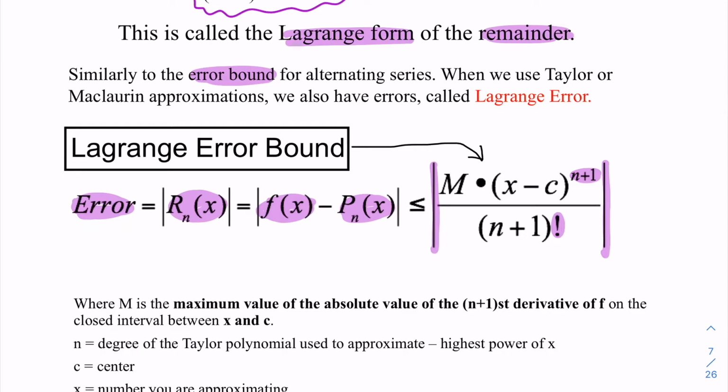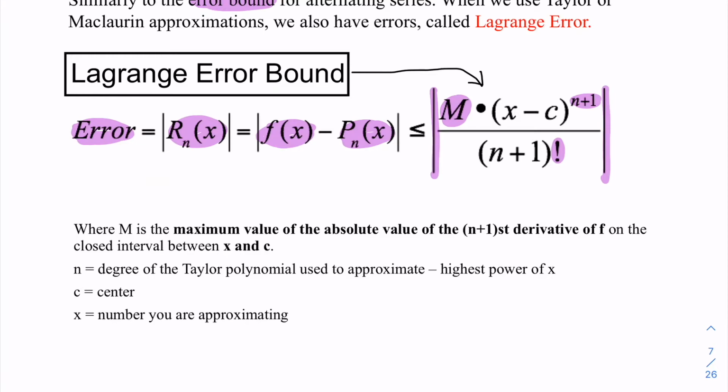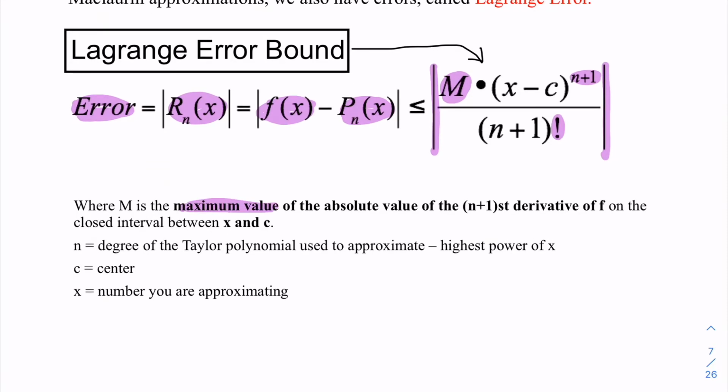However, the letter M here is the maximum value of the absolute value of the n plus 1th derivative of f on the closed interval between x and your center c. In this function, n is the degree of the Taylor polynomial, which is the highest power of x, c is our center, and x is the number you are trying to approximate.